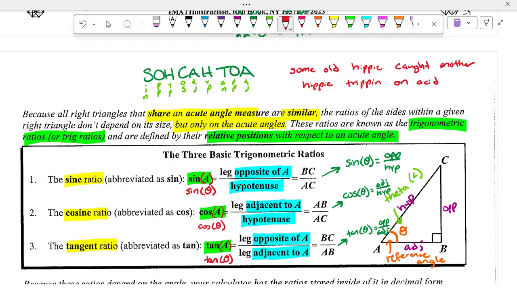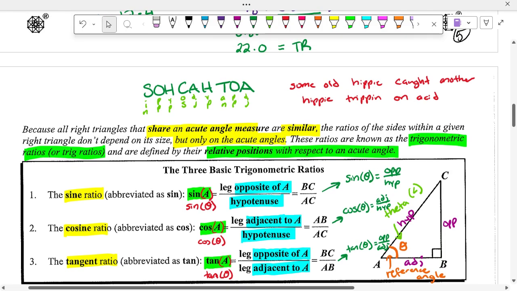I kid you not, this is how I learned it when I was in high school. This is what my teacher told me. I've heard it in college, I've heard it everywhere. It's a little bit crass, but you know what? It helps you remember it.